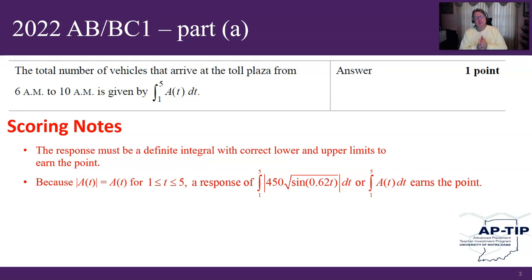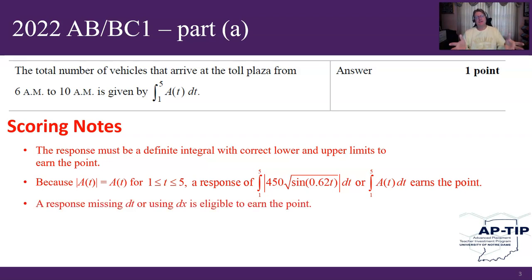Well, in this particular case, if the student were to have placed absolute values around the A of t expression, whether they did it in the notation A of t or with the actual expression 450 times the square root, it's going to be okay. The reason is that the absolute value of A is the same as A. The function A of t on the interval 1 to 5 is always going to be positive anyway. So no harm, no foul with the absolute value.